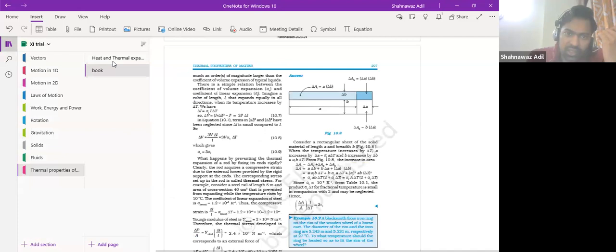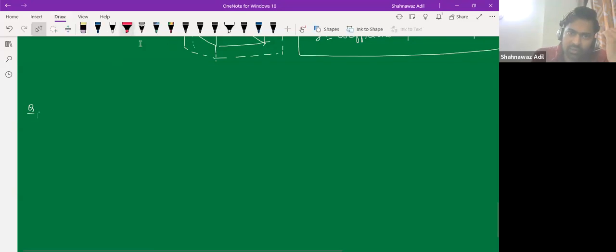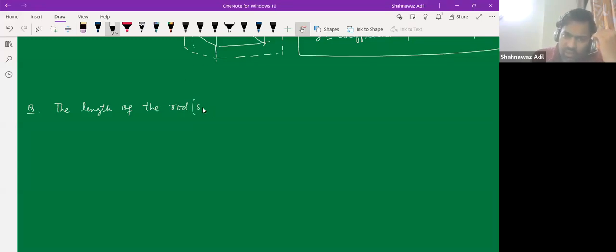So let's say that the length of a steel rod is, let's say, 45 centimeter, right?